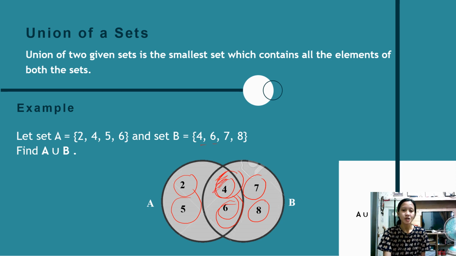So we will write 4 and 6 here because they are common to A and B. That is why when we have A union B, our answer is equal to 2, 5, 4, 6, 7, and 8. So these are our answer. We write 4 and 6 only once. That is the union of a set.